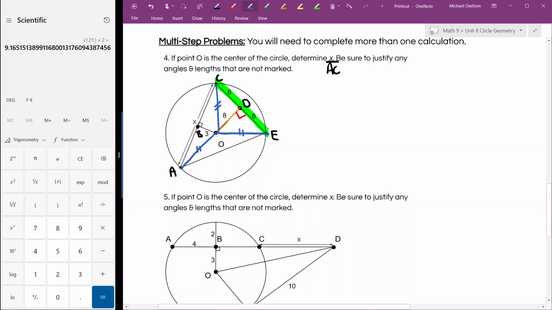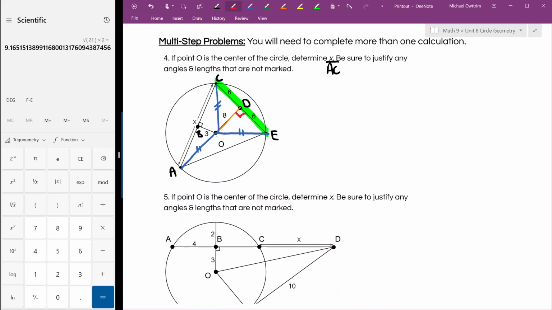And so I'm going to go ahead and first off show that I have this right angle here at point D. I'm going to use the right angle triangle to solve for the radius, and then I can use the radius over in another triangle to solve for part of side X.